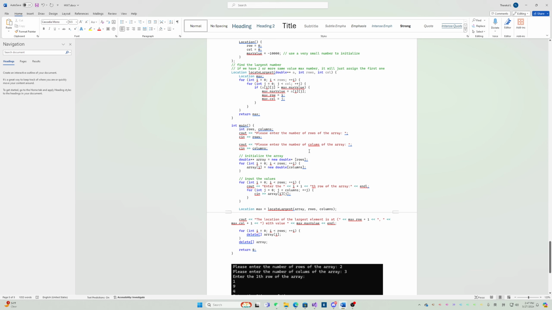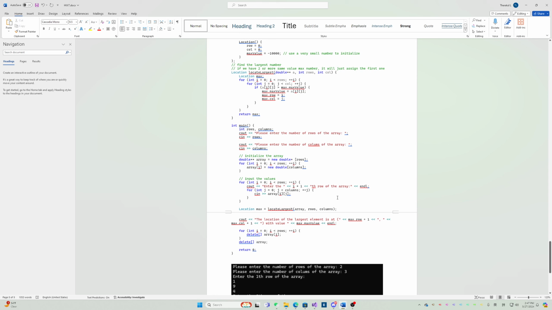But when we talk about a matrix, we say the first row, first column. So I use i+1 because the zero index should be the first column, and then we locate the max here.